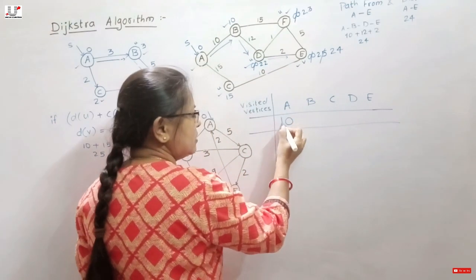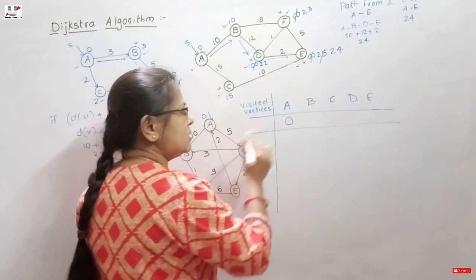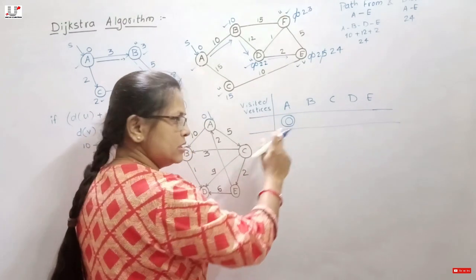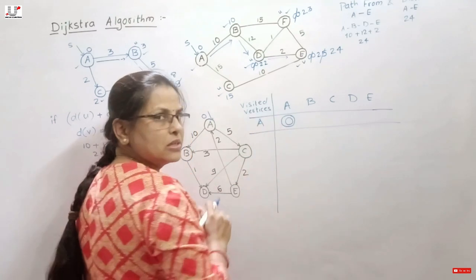So here in this row, select the vertex with minimum weight. It's A. So mark A as visited.